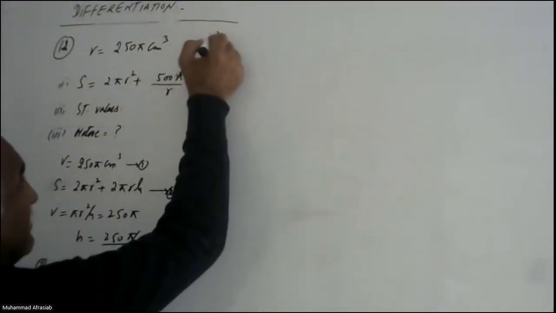Then in the second part, they are asking to find the stationary values. Since S is equal to 2 pi r square plus 500 pi, and r is shifted to the numerator, it will become minus 1.